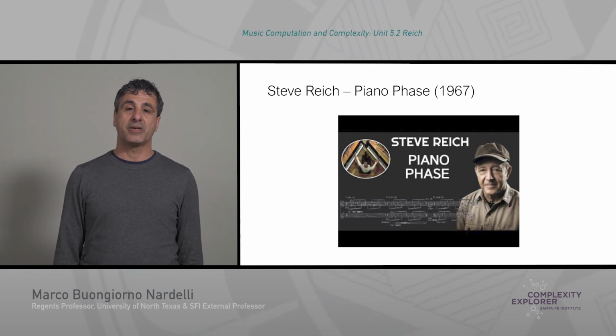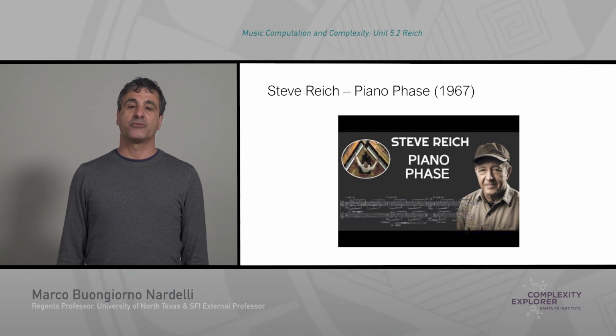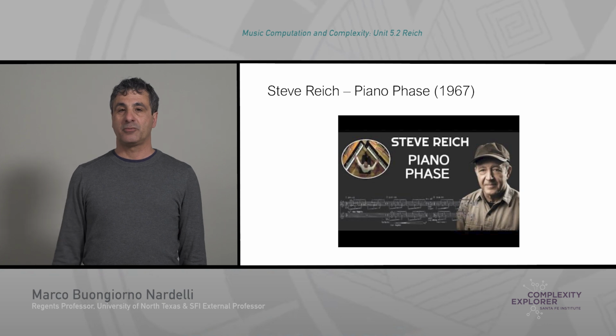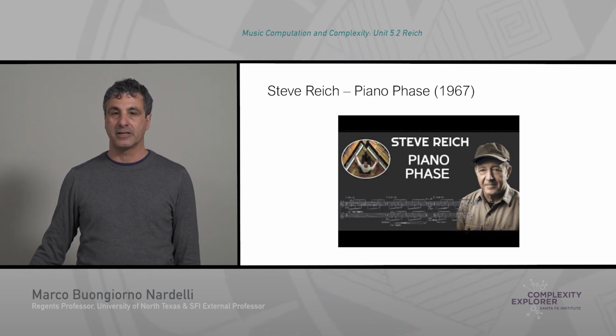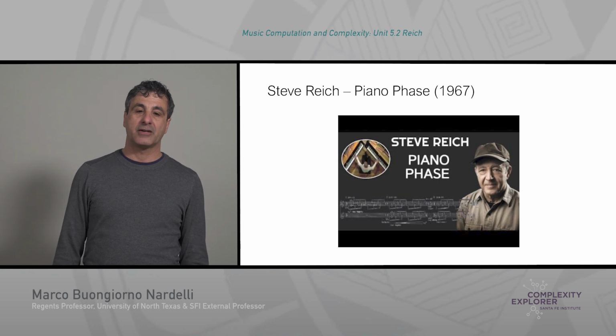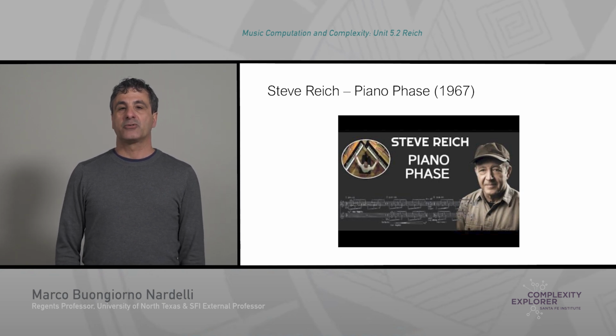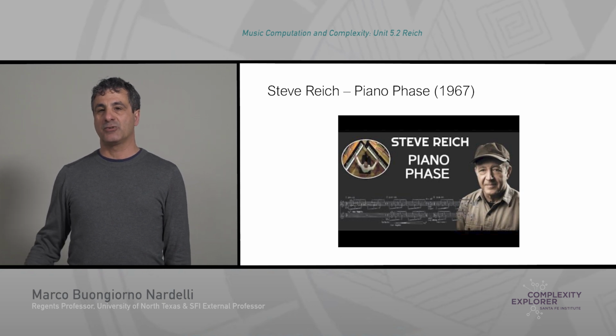This piece is called Piano Phase, and it is a composition for two pianos where there is a 12-note pattern that is played by one pianist continuously and unchangingly. So it's basically the same thing over and over again, while the other pianist plays some rotations on the original pattern and progressively gets out of phase with the first pianist.